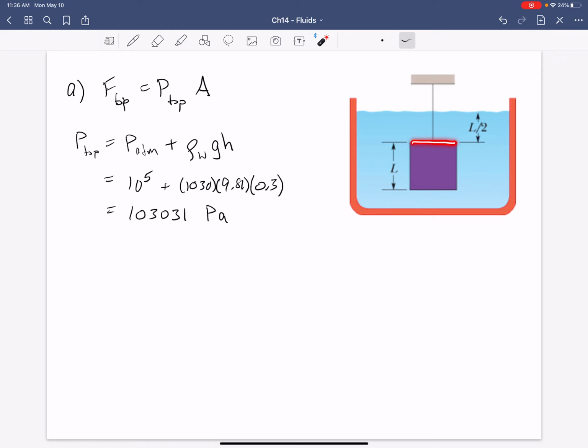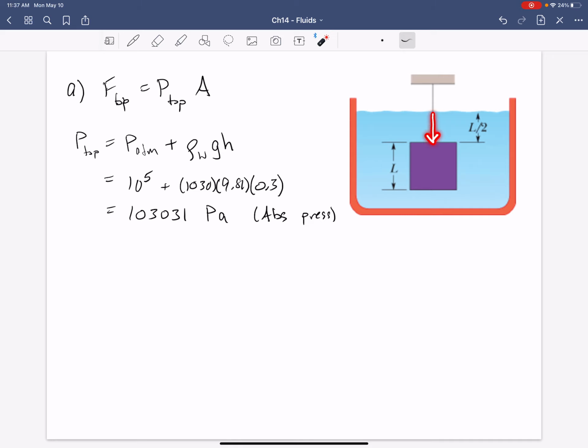So this is the pressure on the top surface. Actually, I should say this is the absolute pressure. The gauge pressure is then this number minus 100,000, so the gauge pressure is just 3,031.